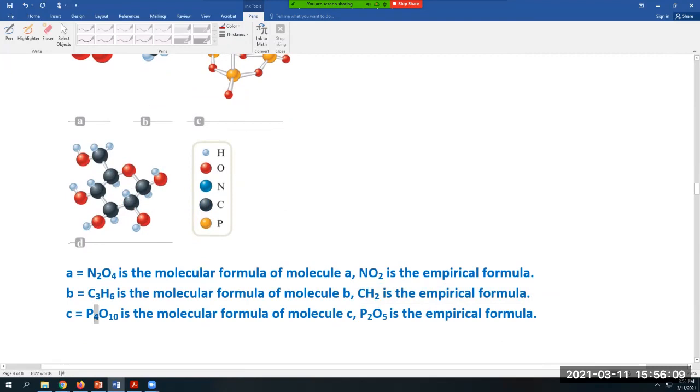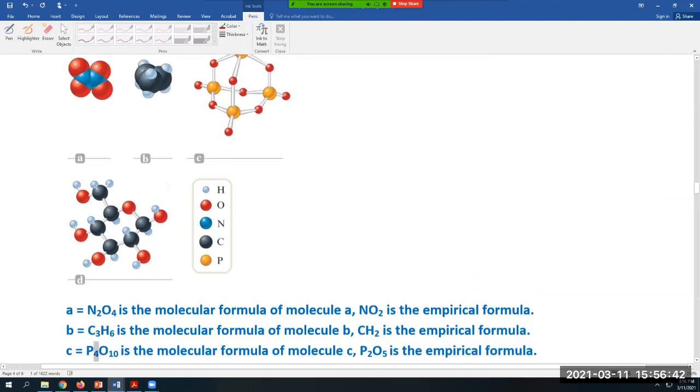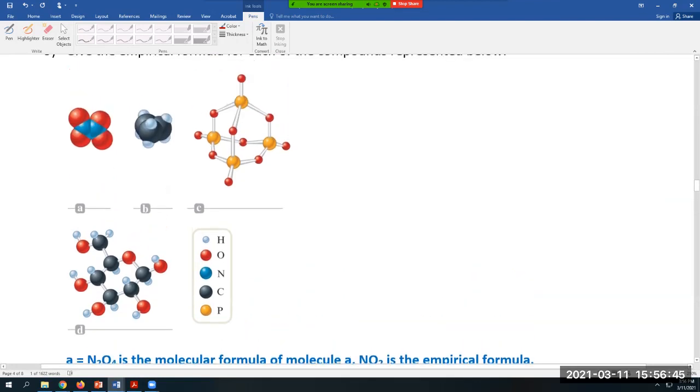And we can see that 4 and 10 are multiples of 2, not of 4, but of 2. So we can divide the 4 by 2 and it's going to be P2. The 10 divided by 2 is 5. So P2O5 is the empirical formula. You can see here from P2O5 that you cannot reduce that further because 5 is not a multiple of 2. So that's why you can only reduce that to P2O5. So that's the empirical formula of that P4O10 molecule.